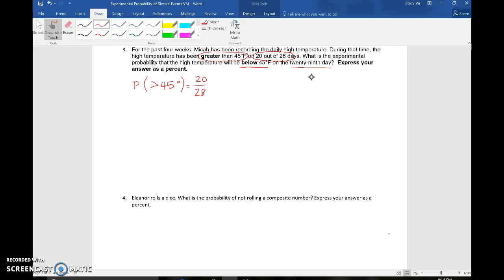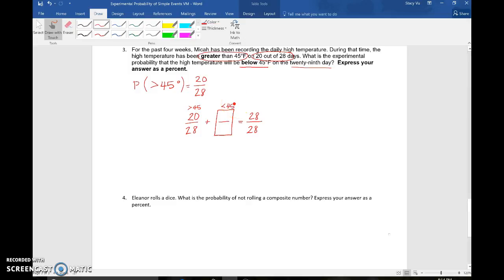So if you remember back to when we learned complement, we said the probability of greater than 45 degrees, plus its complement is going to equal the total, right? So the total is 28 days. So out of all the 28 days, 20 days it was warmer than 45, so the rest of the days it must have been below 45.